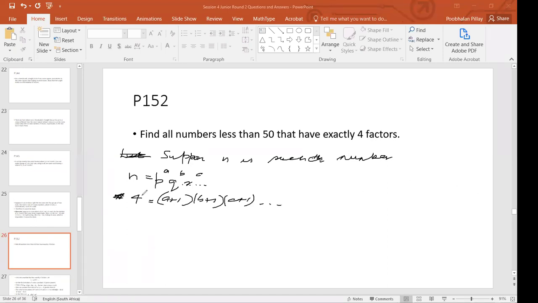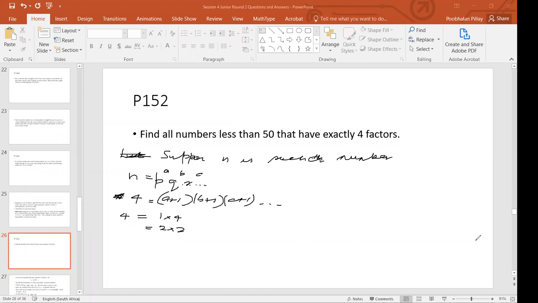In other words, 4 is factorized into several numbers. Now, what are the factorizations of 4? They are 1 times 4 and 2 times 2. Those are the only 2 factorizations of 4.